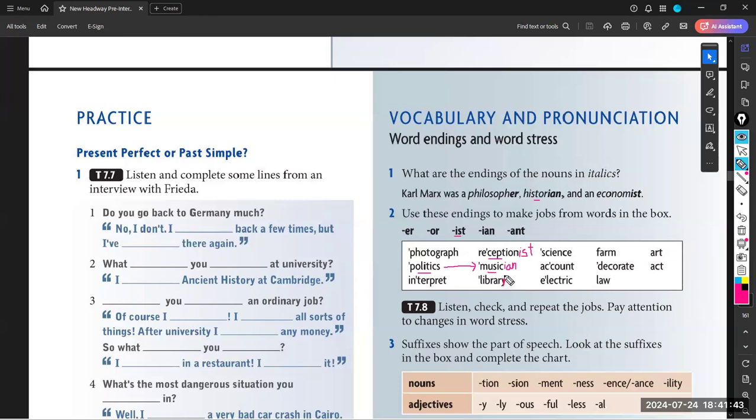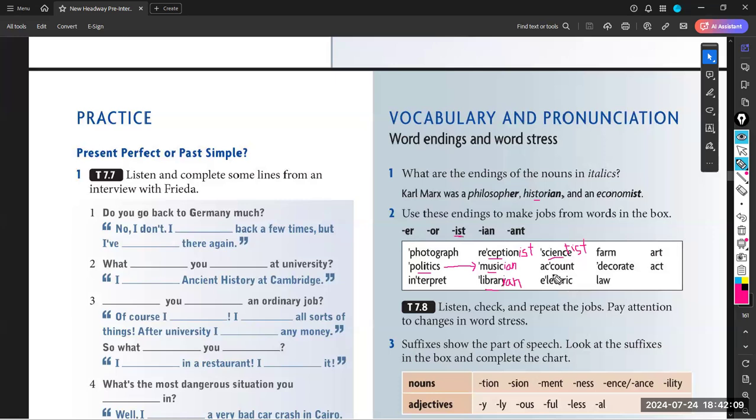So delete the Y and write IAN. Librarian. Now we have science. Scientist. Thank you so much. So we have to add IST. Scientist.